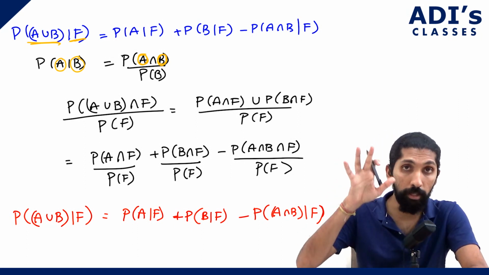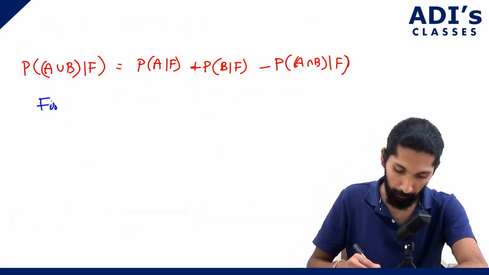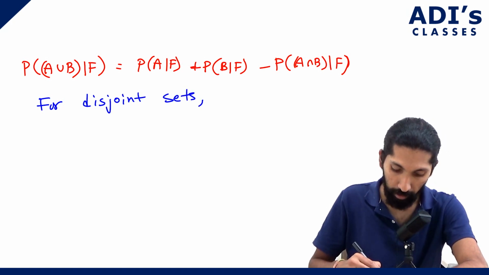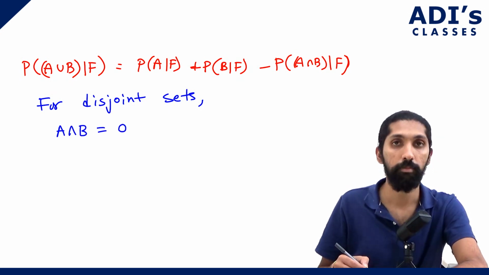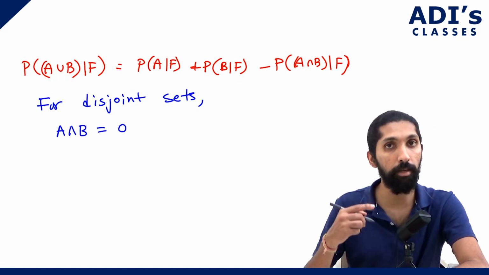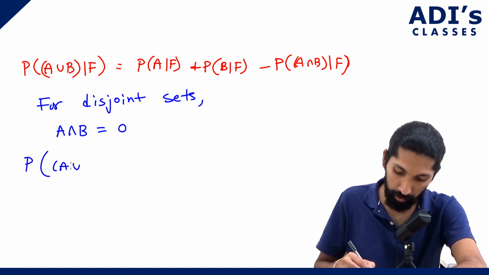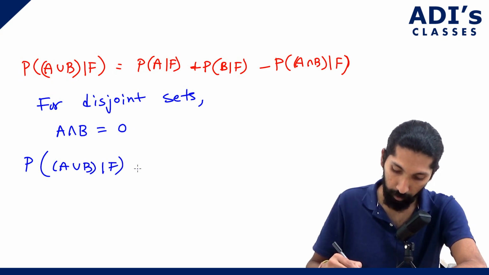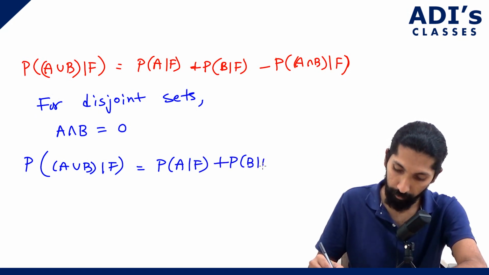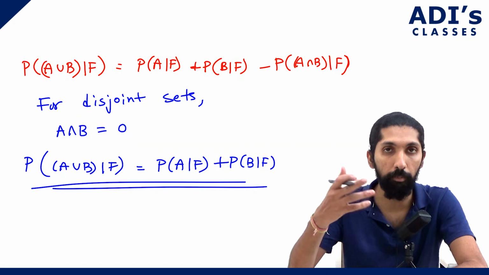For disjoint sets, A intersection B is empty, so P of A union B given F becomes P of A given F plus P of B given F. This is not an answer, it's more like a property.